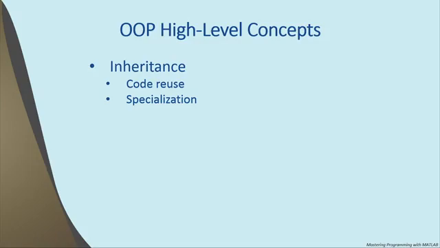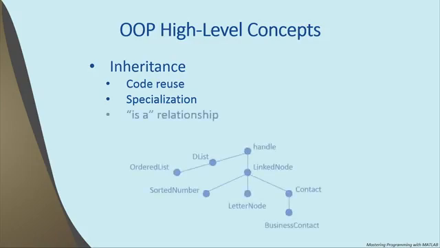Inheritance relationships, along with subclass relationships, can be nicely visualized with a tree structure, as you can see here. Our tree is upside down in comparison to wooden trees. Its root is at the top and its leaves at the bottom. The root of this tree, which is handle class, is conveniently built into MATLAB. And we created two subclasses of that class, named dlist and linked node.